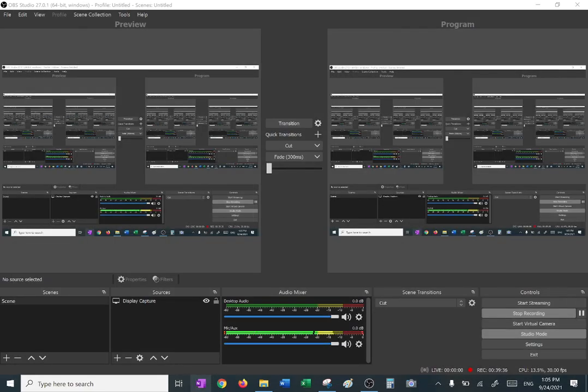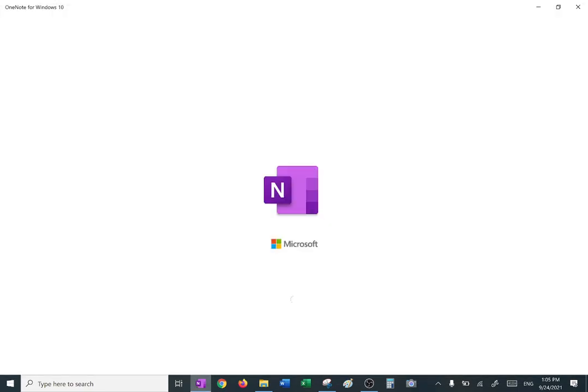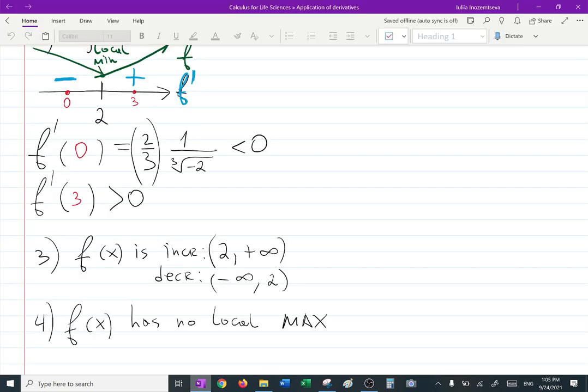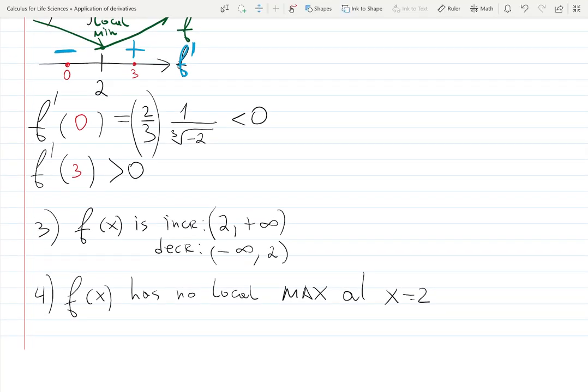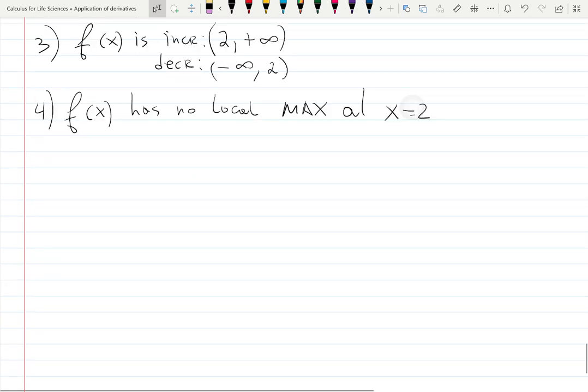You can do it. At x equals 2, plug 2 into the original.